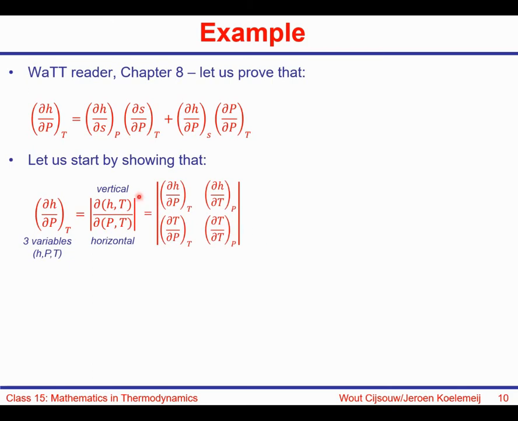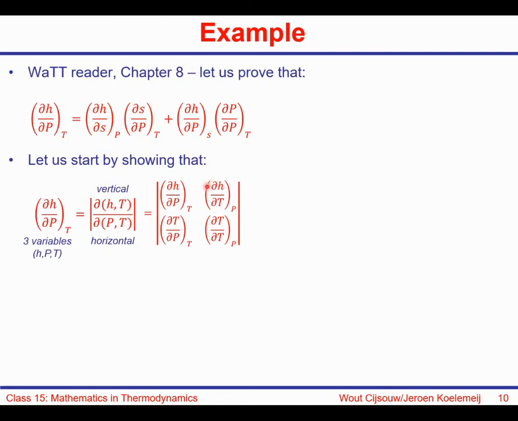And now remember the way this matrix is built up. So we start, for example, in the top row with a partial derivative of h to p for constant t. That's the one we put here in the left top corner. And then going in the horizontal direction, we need to take the partial derivative of h to t for constant p.